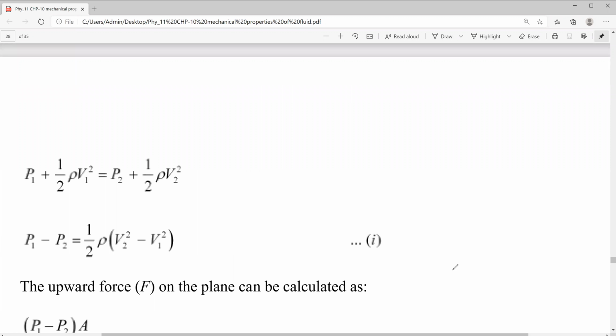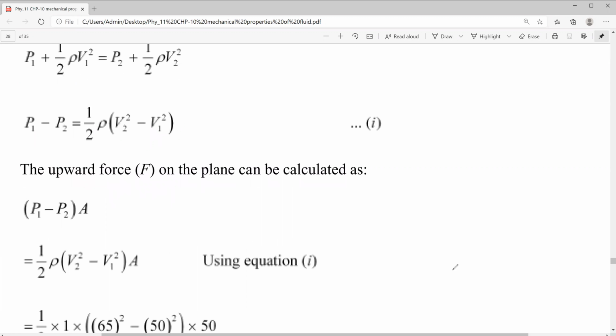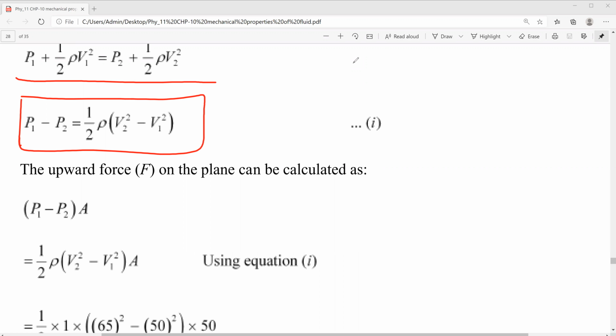According to Bernoulli's equation, it is written as P1 plus half rho V1 square is equal to P2 plus half rho V2 square. So take the difference of pressure, that is P1 minus P2 is equal to half rho V2 square minus V1 square. Therefore, difference of pressure into area is nothing but upward force on the plane wing.